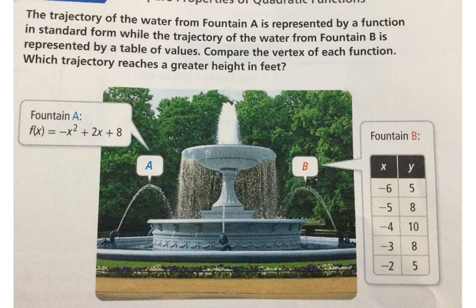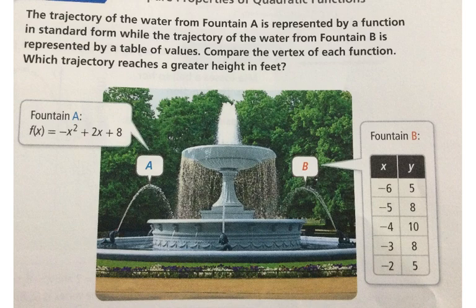So here, look at this. We got this beautiful fountain. Now, you notice there are all of these water features shooting water back into the fountain. Look at the shape of the water going back into the fountain. It's a parabola.